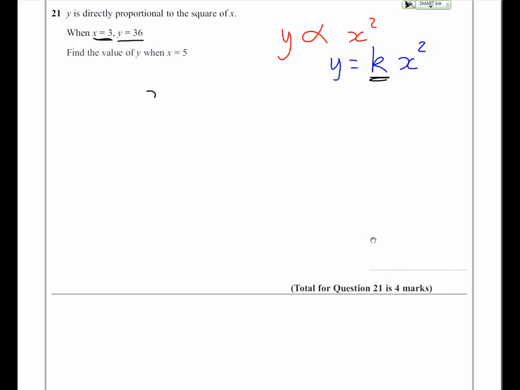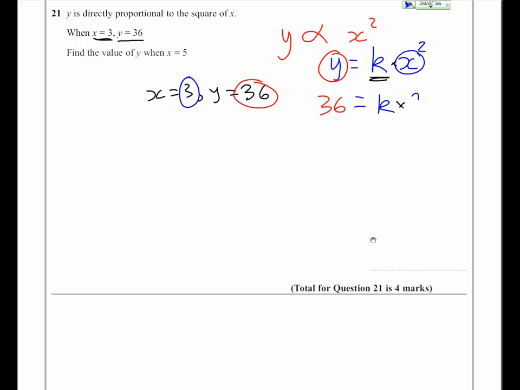We know that x equals 3 when y equals 36. So let's substitute in these values. y is 36. We're still trying to find out the value of k. And it's times by, so multiply, 3 squared. 3 squared is 9. So that means that 36 equals 9 times k. Divide by 9 to get that k is 4.